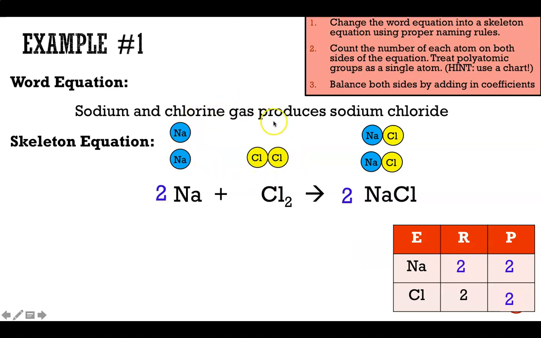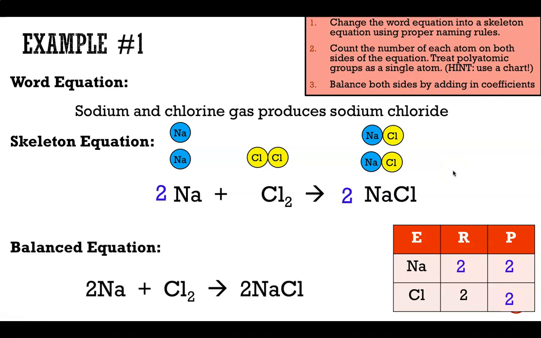I can see that really nice and easily with the picture too. I've got 2 sodiums and 2 chlorines and 2 sodiums, 2 chlorines. So that is what we want. That is called a balanced chemical equation. And so you just write it with those numbers, those coefficients added. And that's it, that's done. So as soon as you have it so that everything matches, you are good to go.